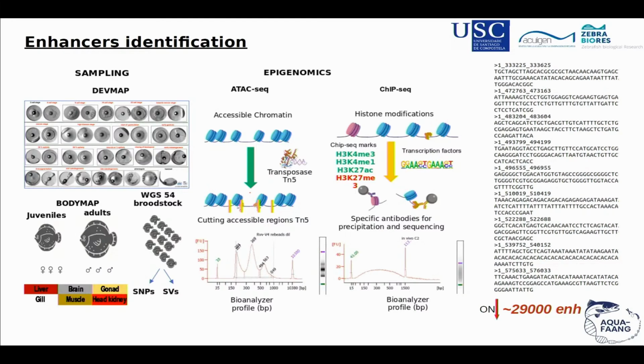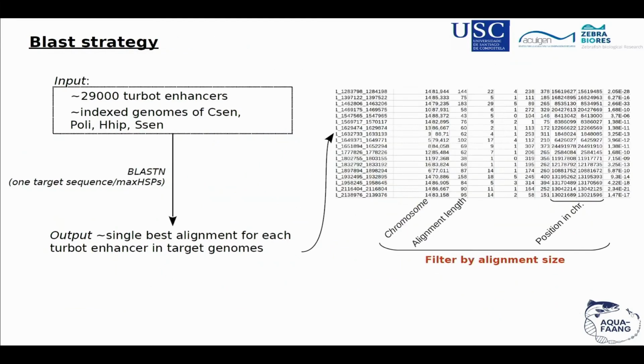As an initial approach with these sequences, we did a BLAST search using the turbot enhancers and indexed genomes of Cynoglossus semilaevis, Paralichthys olivaceus, Hippoglossus, and Solea senegalensis. We used these genomes because they are those available on Ensembl today.